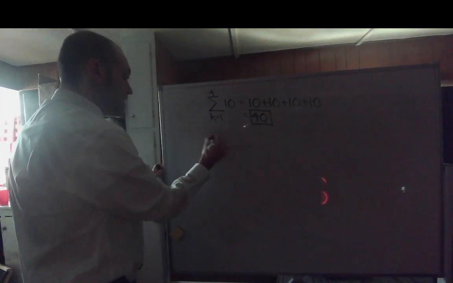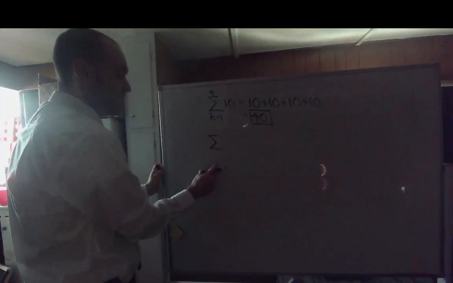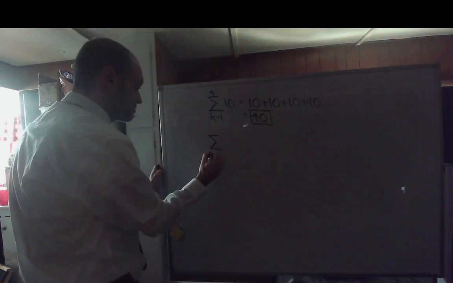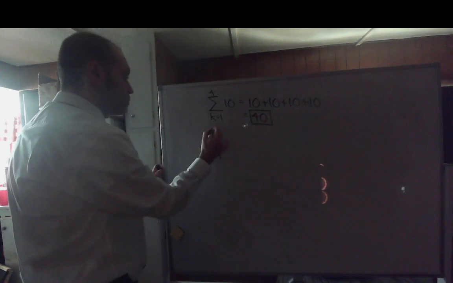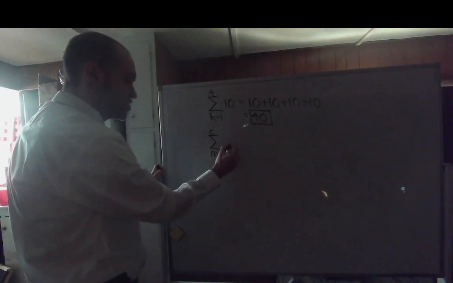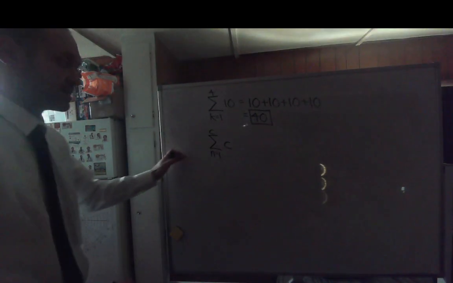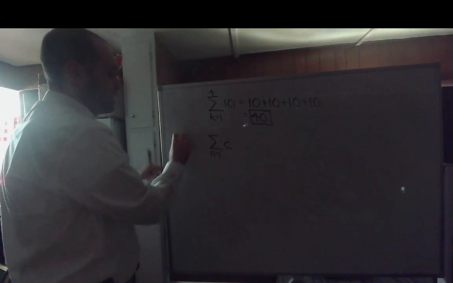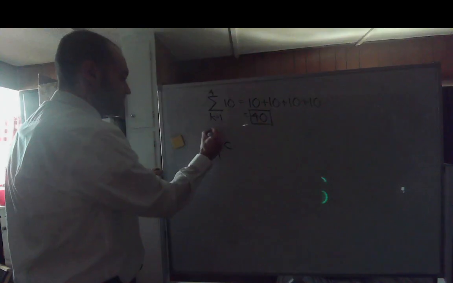Also, in general, if you have a constant term, this only works for sums of constant terms, where n equals 1 to some constant term as your upper limit of summation of a constant. Let's just say z for the upper limit.